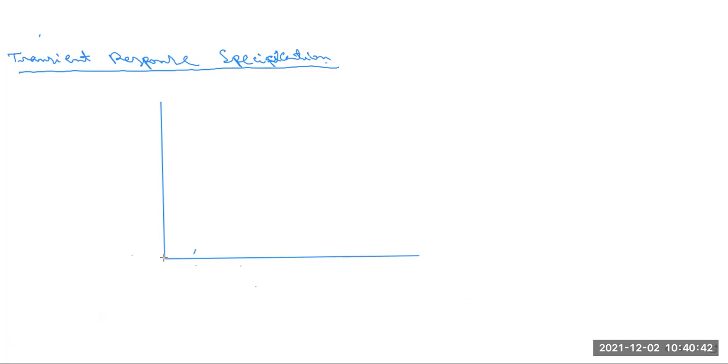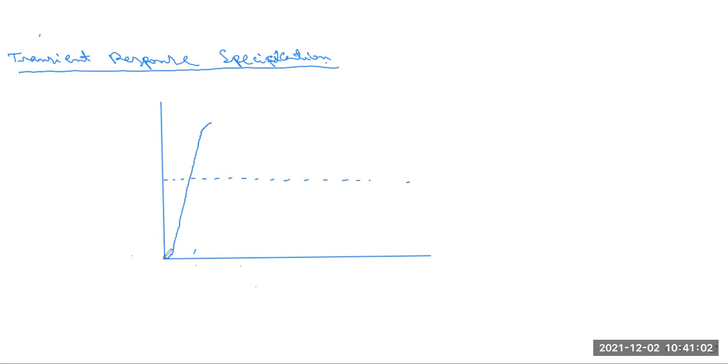So these are the midpoint of this waveform. Now we have to learn the output waveform.